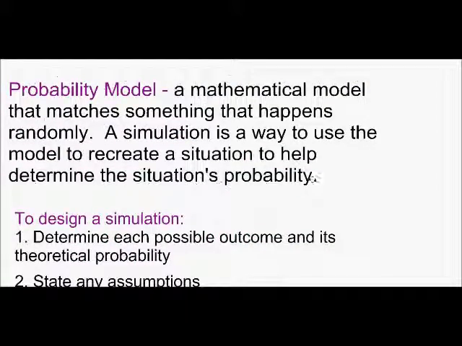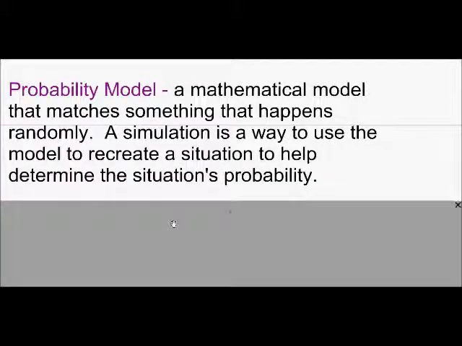Okay, so a probability model, what we're looking at in this lesson, is a model that matches something that happens randomly. So instead of actually going out and doing whatever you're thinking of, you just model it.